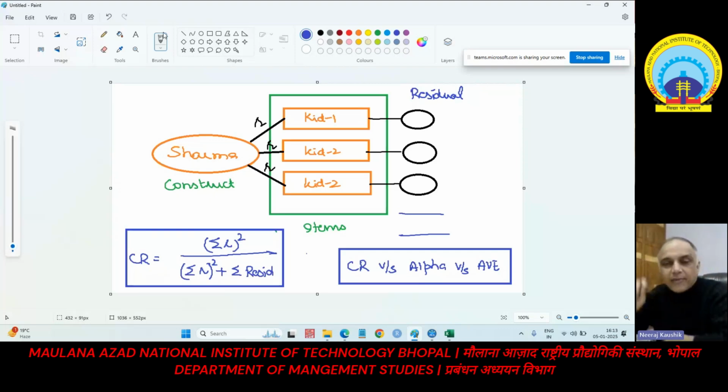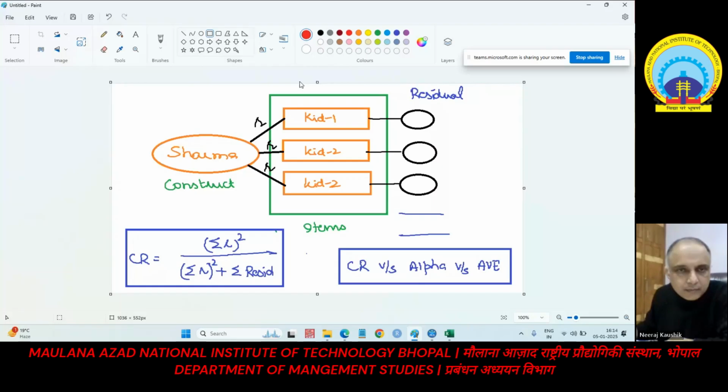Right. Perfect. And average variance explained would be the deviations on an average between the items and the construct.